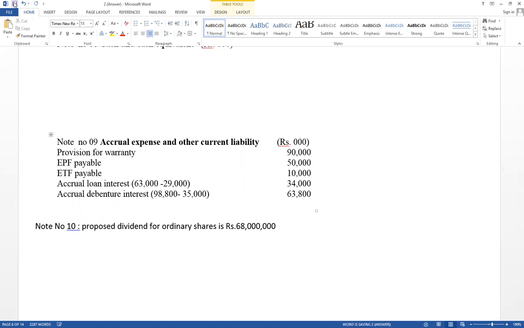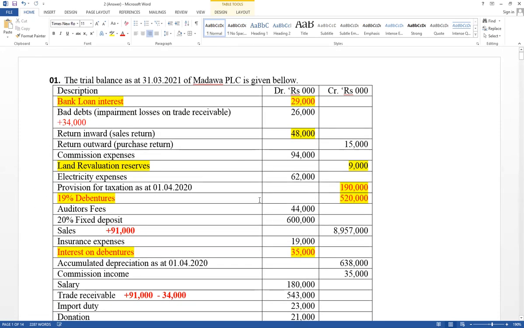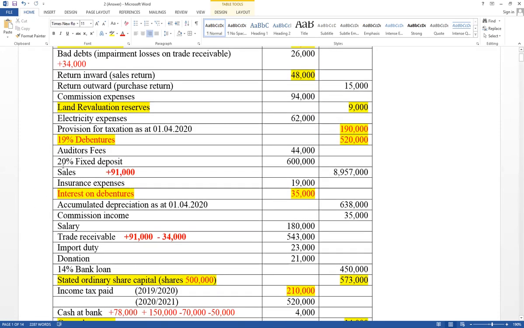Now think about fixed deposits. Fixed deposit also has an adjustment. It has given a 20% fixed deposit of 600,000. That value should be included in between current and non-current assets, under non-current assets.